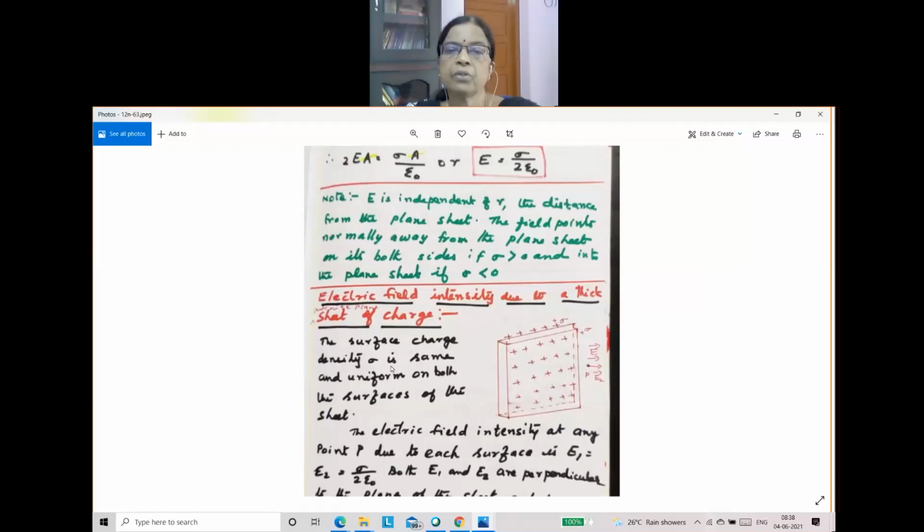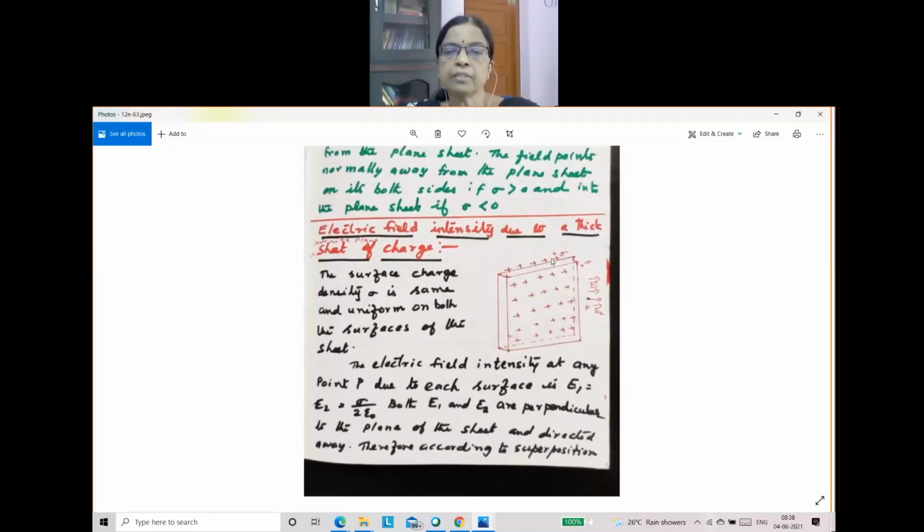Okay. Then electric field intensity due to a thick sheet of charge, infinite sheet. So what is the difference between thin sheet and thick sheet? In a thick sheet, the other surface is also a charged surface, and that field also we have to consider.